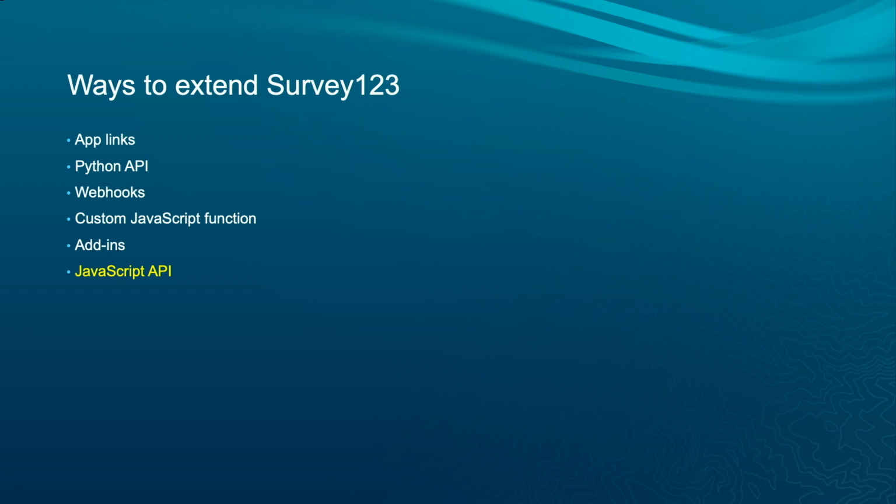Today in this session, we'll focus on the JavaScript API. We provide a JavaScript API not only to embed your survey into your application or website, but also so you can do some customization. You can do some interaction between your application and the form, like changing any question value or listening to events from the survey.